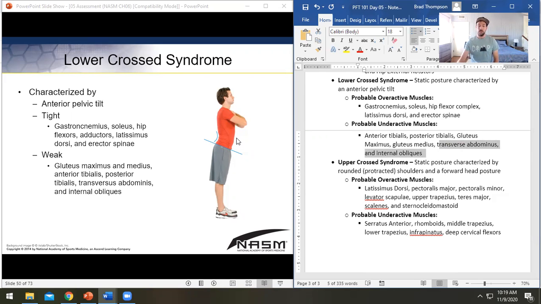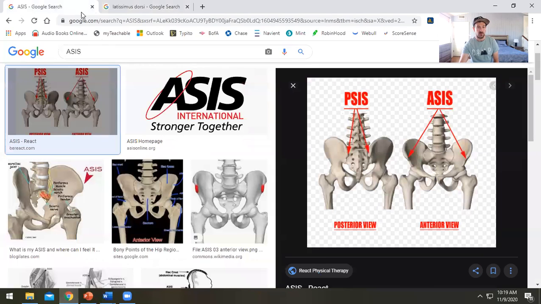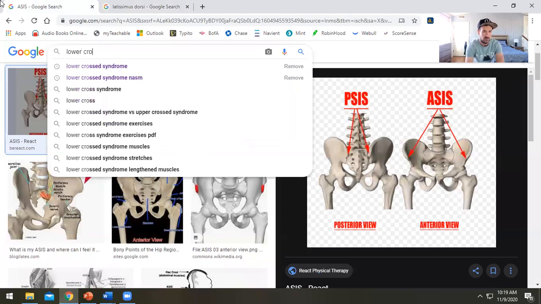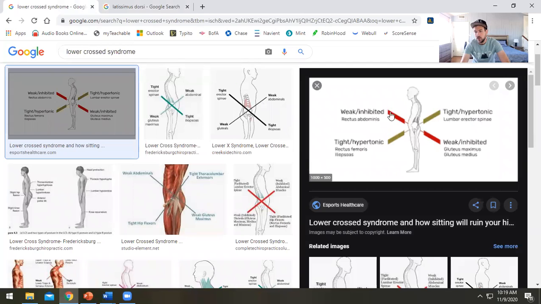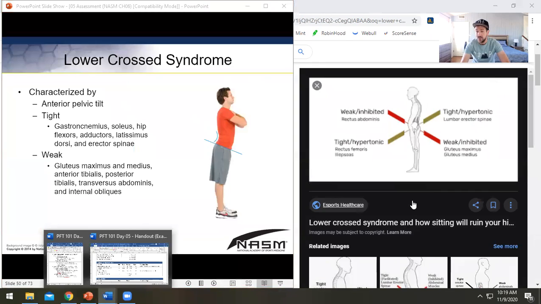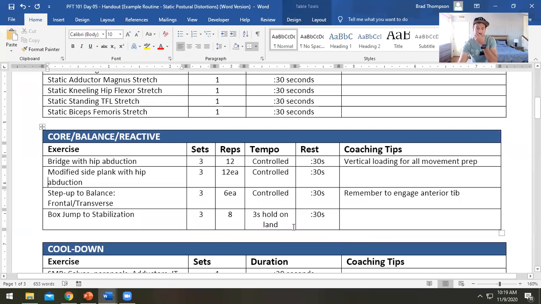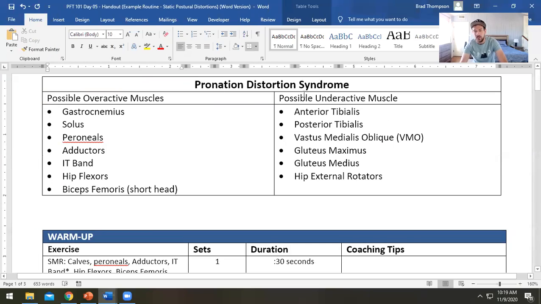So again, the cross: weak core, weak glutes, tight hips, tight low back. And that is very simply what that looks like. So let's scroll down here. We looked at pronation distortion.